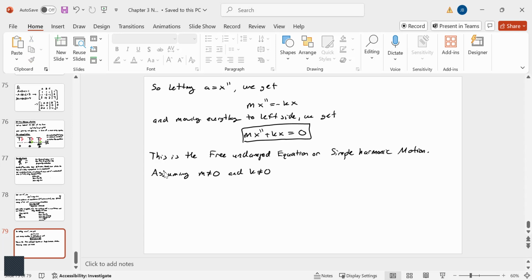Otherwise, the spring doesn't do anything. So these are very natural assumptions to make because otherwise the problem basically reduces down to something trivially uninteresting. So assuming m does not equal 0 and k does not equal 0, then we can solve for x of t, the equation of motion.